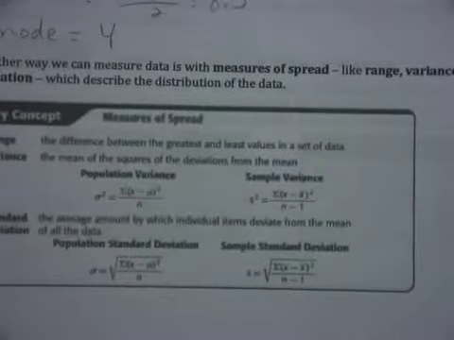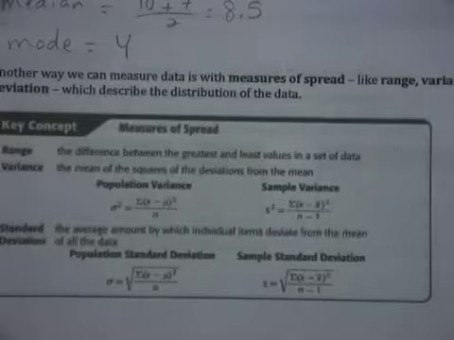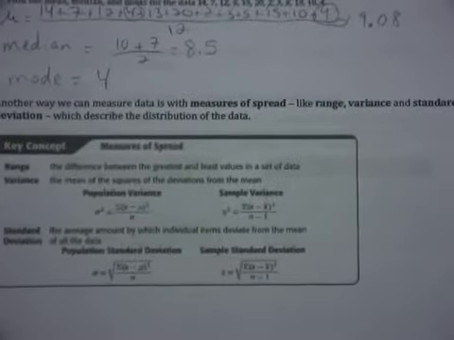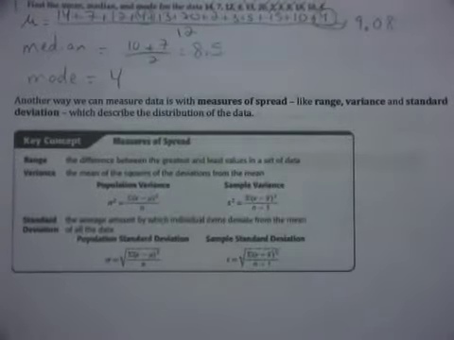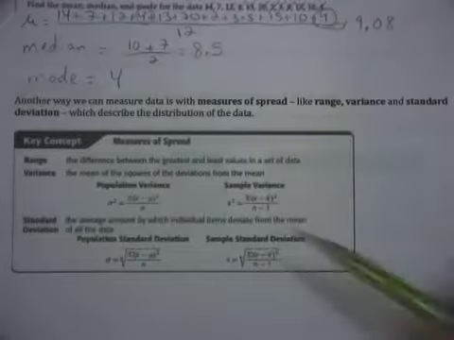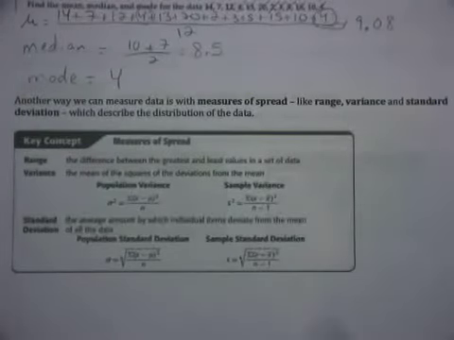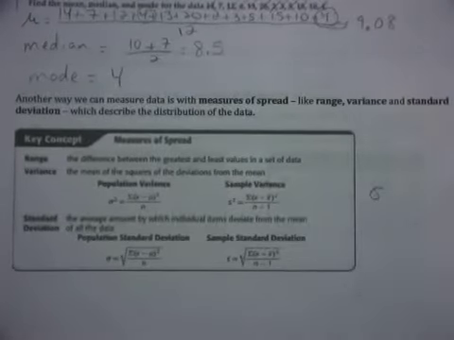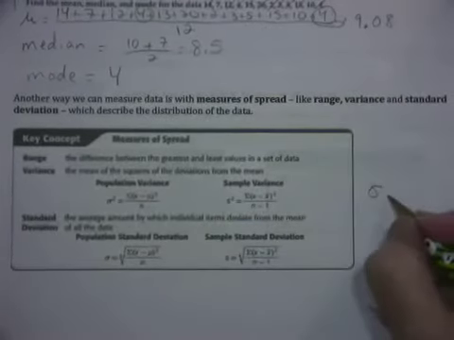Another way that we talk about data is with measures of spread, like range, variance, and standard deviation. And you have very likely found range before. That's just the maximum value minus the minimum value. Variance and standard deviation are these formulas, and it's kind of hard to see on your paper, but that's the symbol for standard deviation.